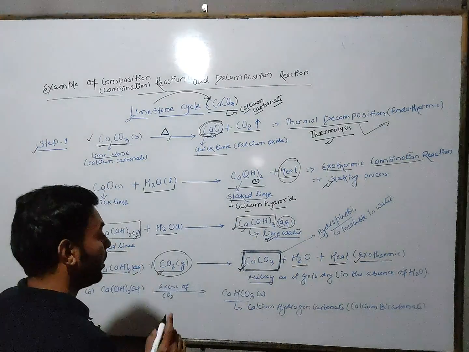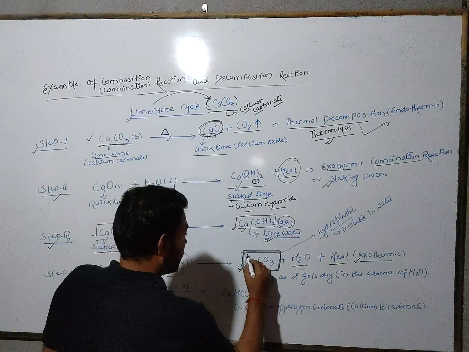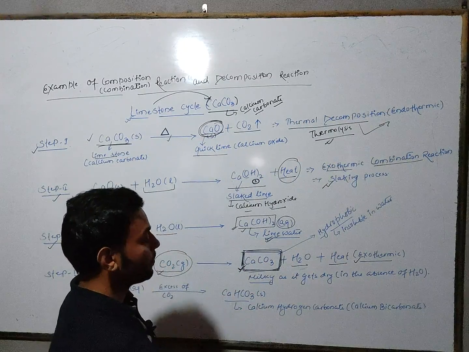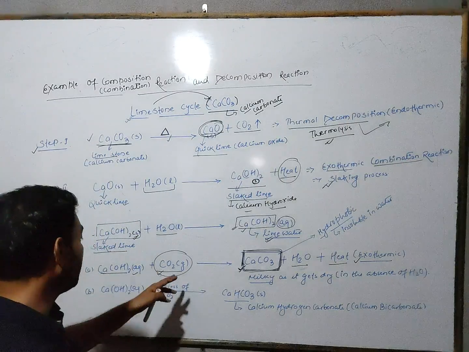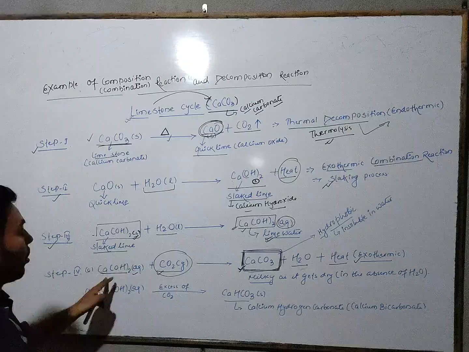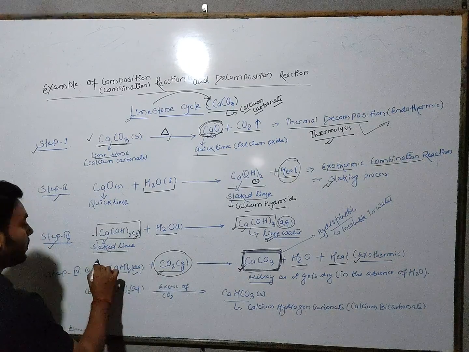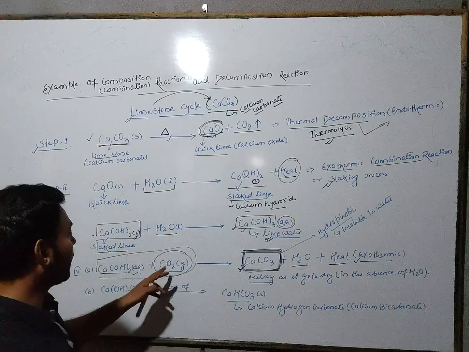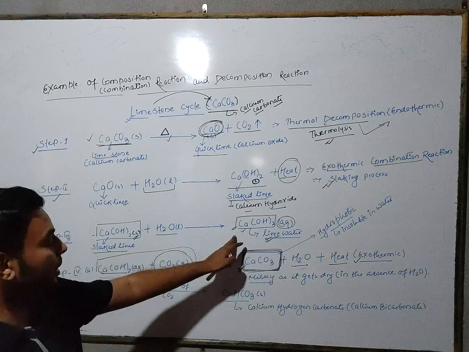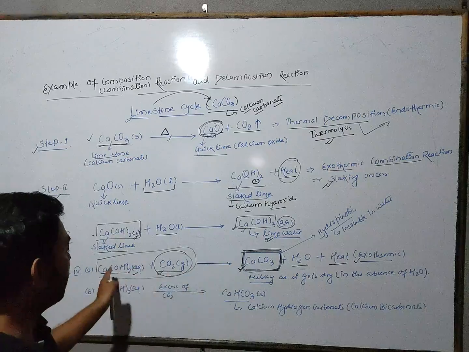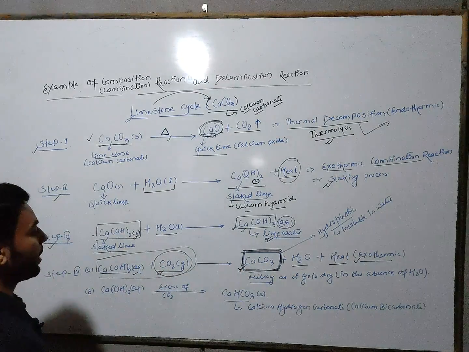Since some amount of energy is released outside the system, we will say that this is an exothermic reaction. Remember, the color turns milky when we add carbon dioxide to calcium hydroxide or lime water. This is also the reason that we say when carbon dioxide is added to lime water, it turns milky white. You can explain by this equation why this is happening.